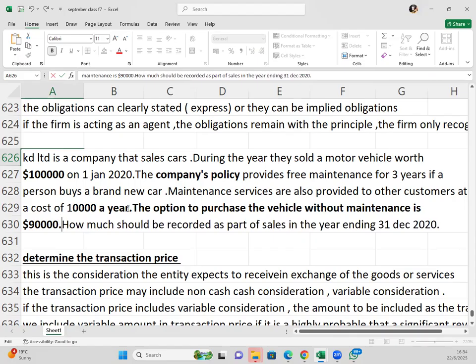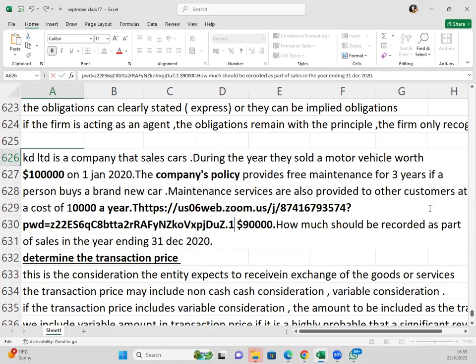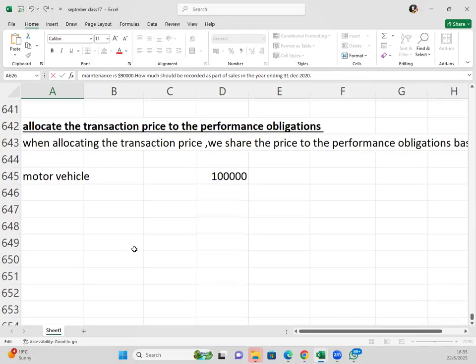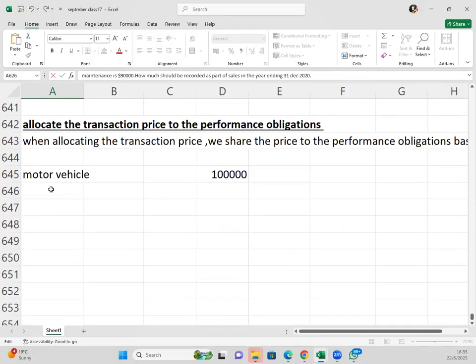If they buy with maintenance, they will get free maintenance for 3 years. But if they don't want the maintenance, they can pay 90,000 and get the vehicle alone.